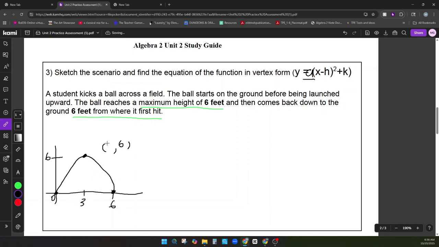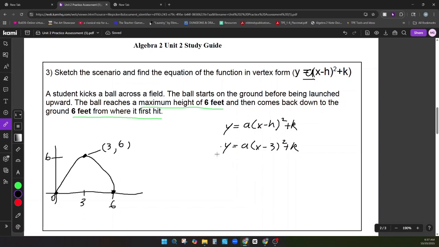So I know my vertex is going to be (3, 6), which is going to help me with my equation. If I have the equation y equals a(x minus h) squared plus k, I could plug in and get y is equal to a(x minus 3) squared plus k.